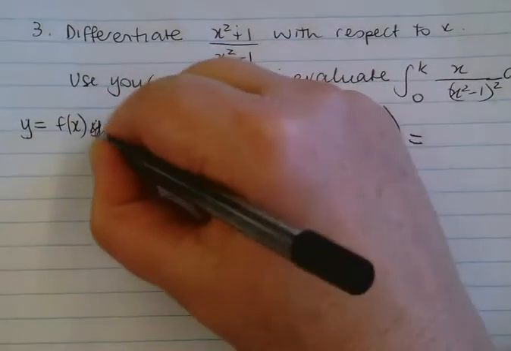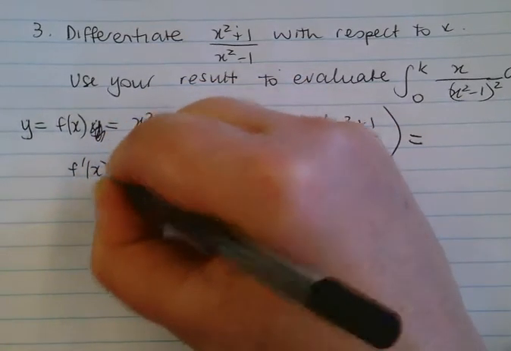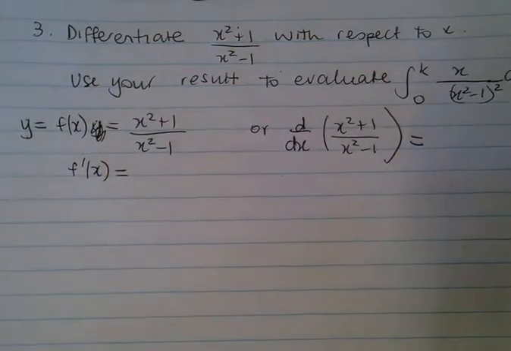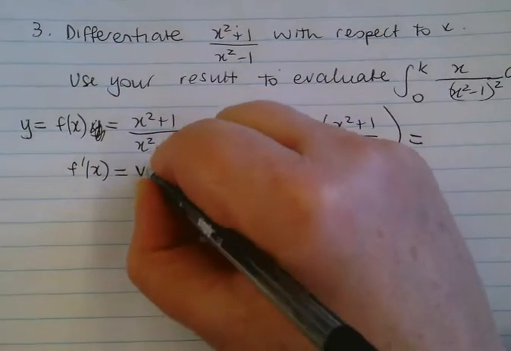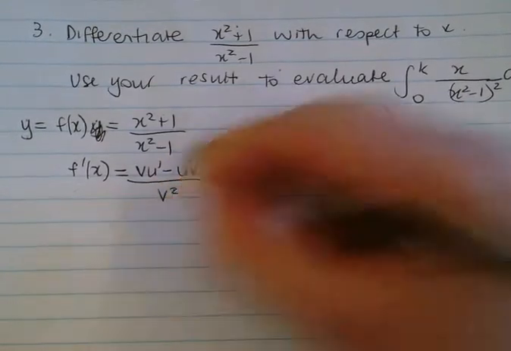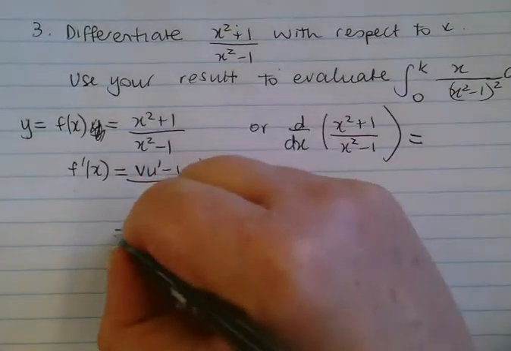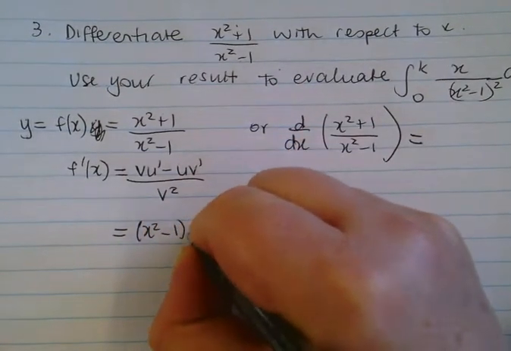Now, I can write that my original function's derivative is found using the quotient rule: v u dash minus u v dash over v squared. V is x squared minus 1.